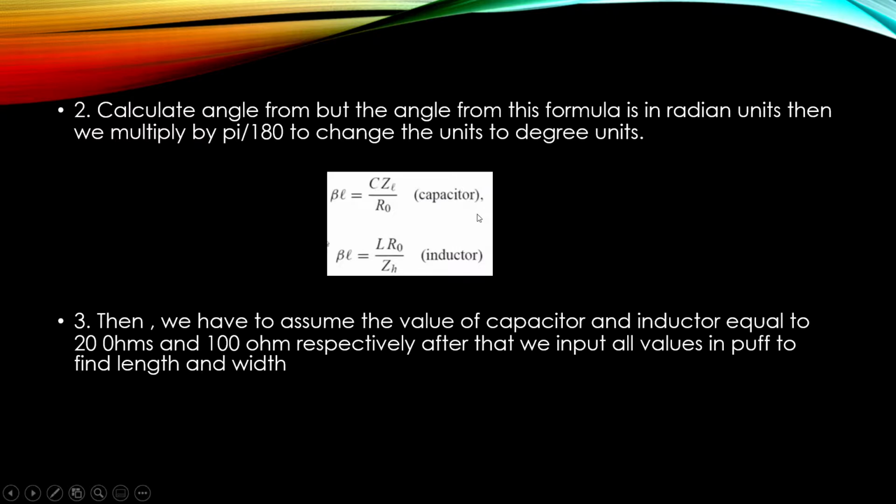After we calculate, the answer will be in radian units, so we have to convert it into degree units. Then after we have the angle, we have to assume the value of the capacitor and inductor.